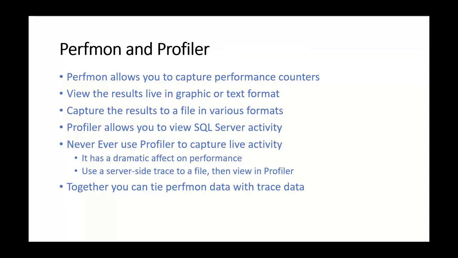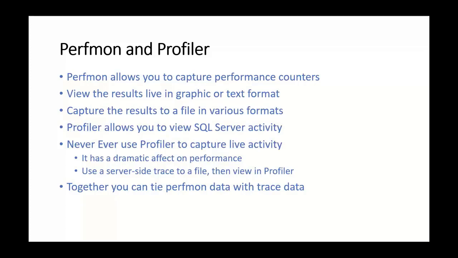Performance Monitor and Profiler. Well, most probably you know these tools, right? These are the first two tools that every junior DBA gets in order to do troubleshooting. With Performance Monitor, we can easily capture metrics related to the operating system in terms of memory, CPU, disk activity, any kind of counter related to disk, and also related to SQL, right?